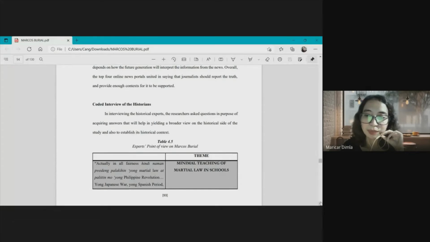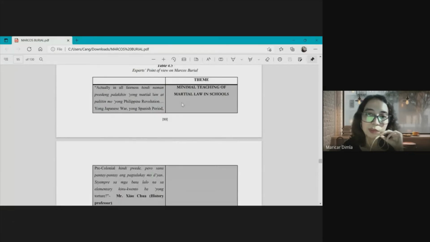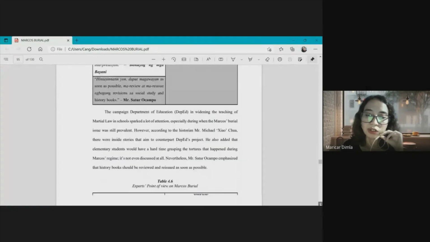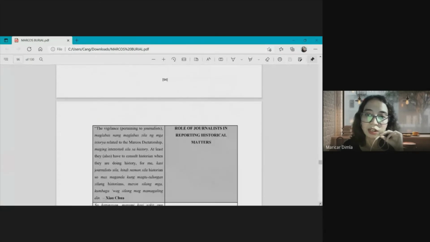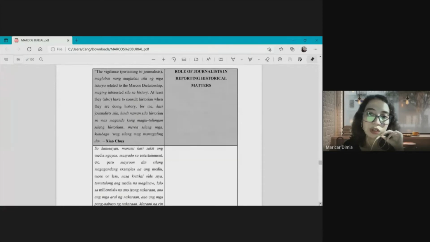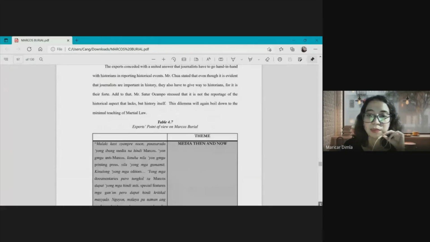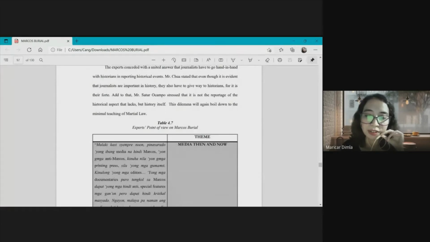Ayan. So, we have a separate team here, minimal teachings of martial law in schools. So, ano yung mga responses dito ng aming experts or the historians. And the role of journalists in reporting historical matters. Diba? Ayun.